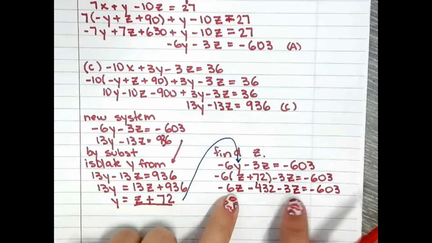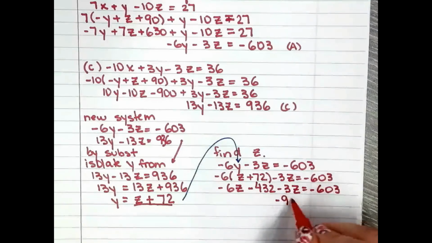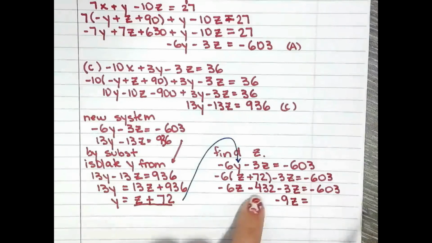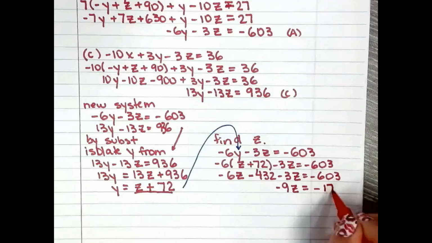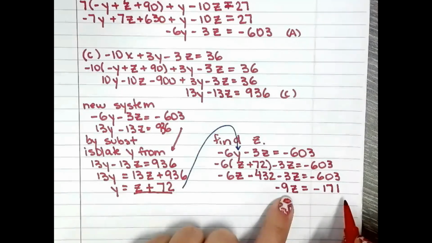Combine z. Add 432. Divide by negative 9.